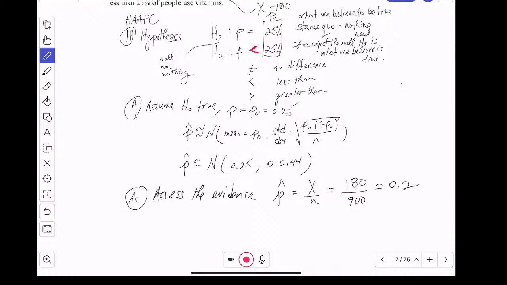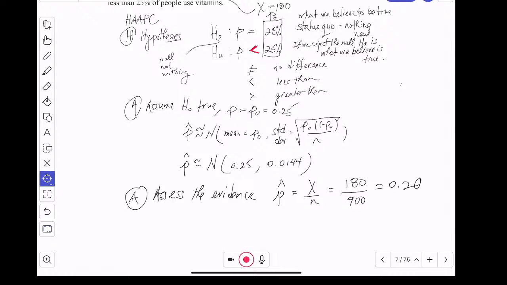So this is it. Is 0.2 or 20% different from 25%? If not, we would fail to reject the null hypothesis and say 25% is fine. If it is low, it kind of looks low, then we would reject the null hypothesis in favor of the alternative that we have some evidence to suggest that the proportion of vitamin users is less than 25%. In fact, it looks like 20%.